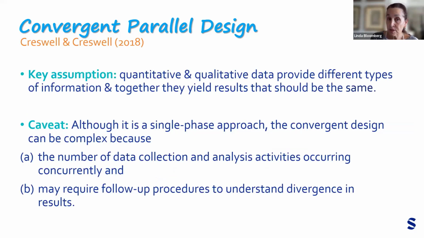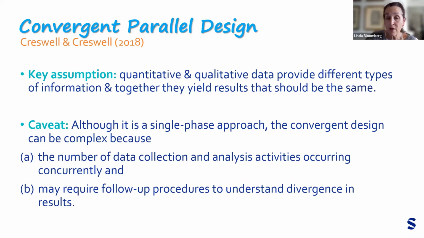The key assumption is that qualitative and quantitative data provide different types of information, and together these yield results that should be the same. The caveat is that although it's a single phase approach, the convergent design can be complex because the number of data collection and analysis activities occurring concurrently is in itself something to really watch for.